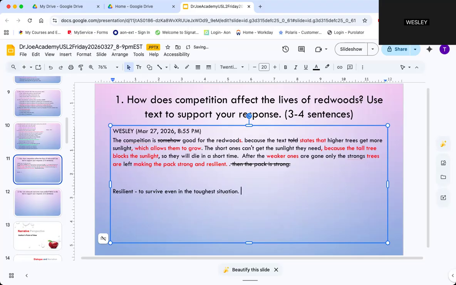So they are able to win the soccer game even in the rain because they are resilient. Do you understand? Yeah, I understand. Okay, perfect.